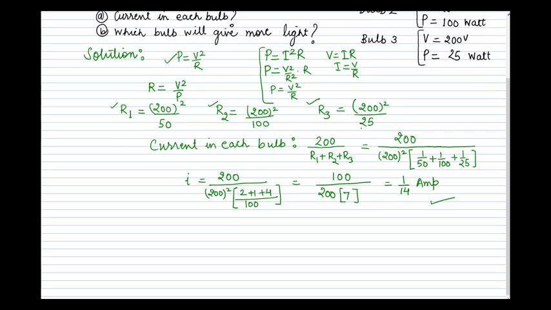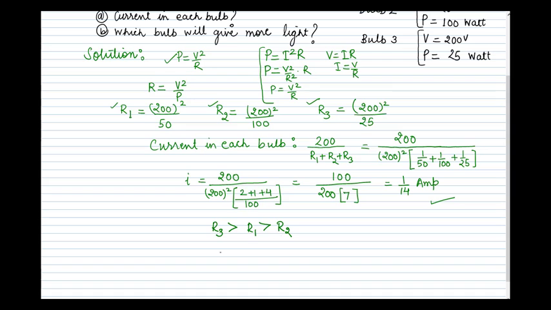So R3 has the largest resistance because it's divided by the smallest quantity. 25 is the smallest among 50, 100 and 25. So R3 is greater, then comes R1 because of 50, and then R2 because it's divided by 100, so this is the smallest resistance. This is the order of resistance.